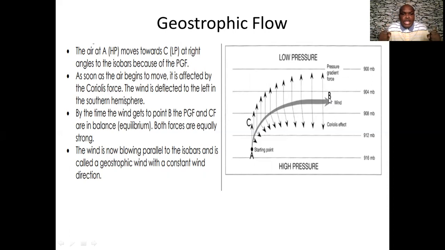The wind is now blowing parallel to the isobars, and it's called a geostrophic wind because it has a constant wind direction. It is key to understand that in order to have geostrophic flow, the pressure gradient force and the Coriolis force must be in balance. If they are in balance, then we are going to have geostrophic flow.